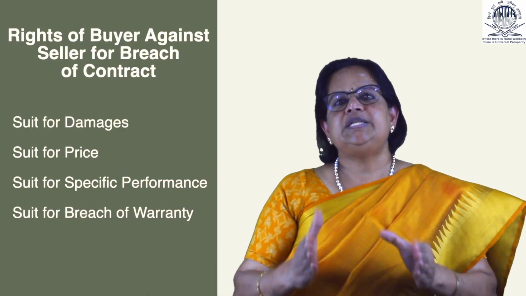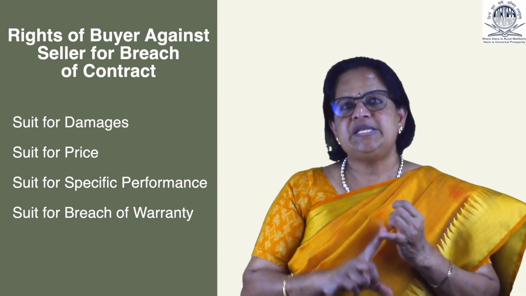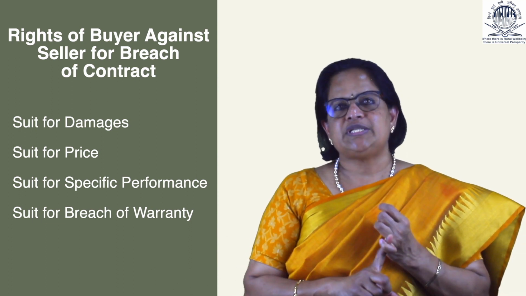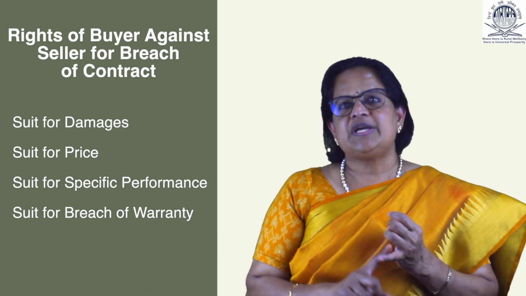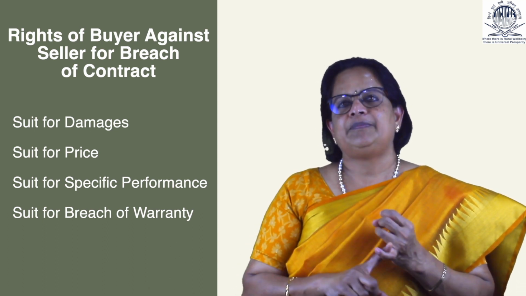Now, let us learn the next important topic, that is, the buyer's rights against the seller for breach of contract. There are 7 rights the buyer is entitled to for breach of contract by the seller.